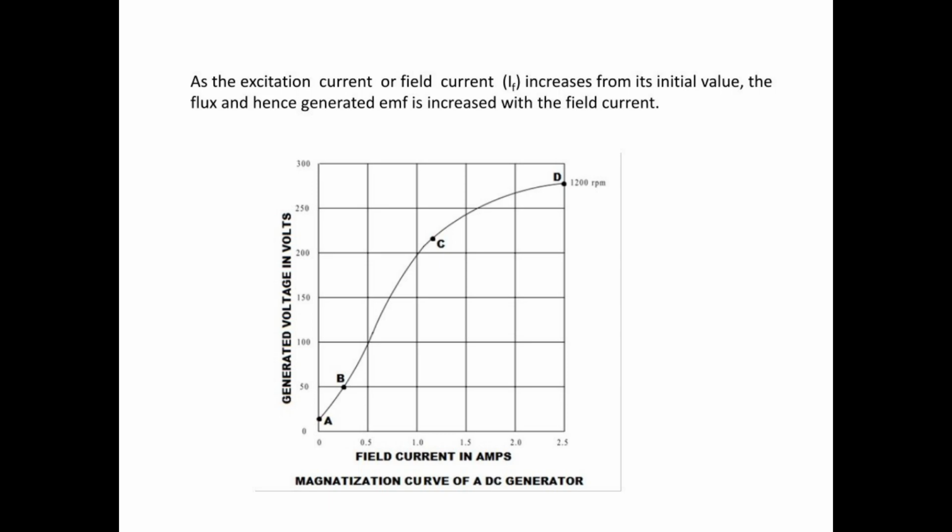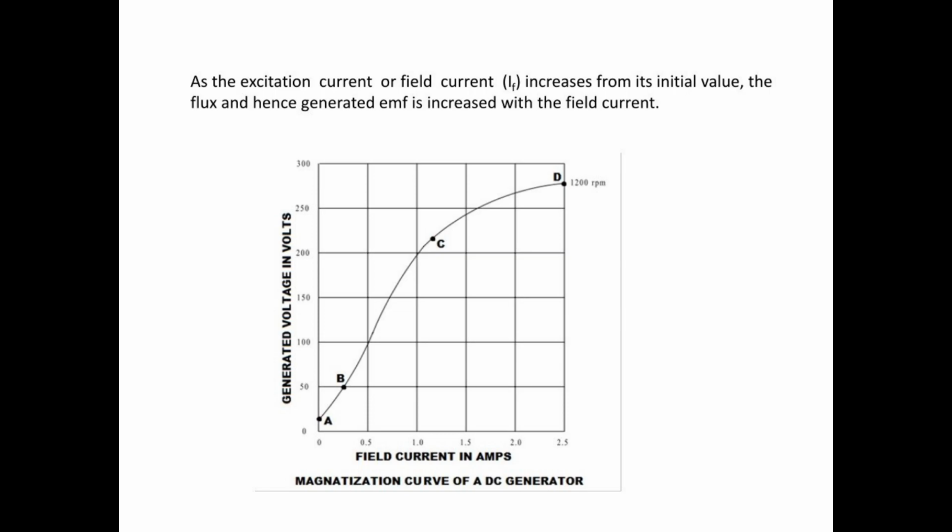Observe the graph here. The open circuit characteristics is the plot between the no load voltage or generated voltage and the field current, right? The graph is drawn for a fixed speed, right?